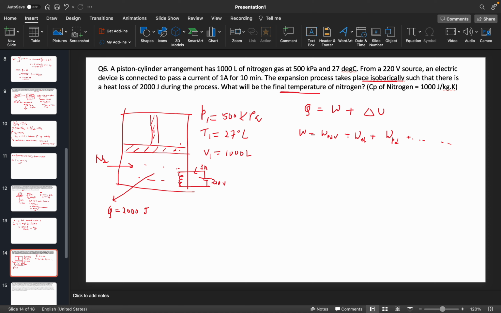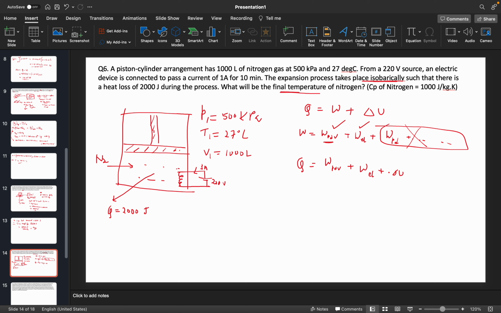This thing is getting expanded, so W_PdV will stay, and there is an electric connection, so W_electrical will stay. The rest we can eliminate because these things are not given to us. So we can write Q = W_PdV + W_electrical + delta U.